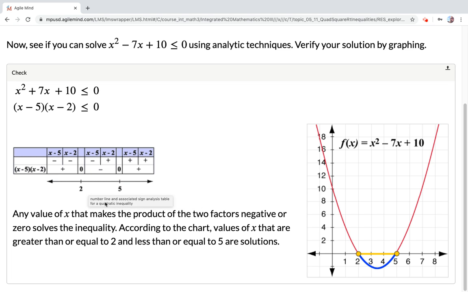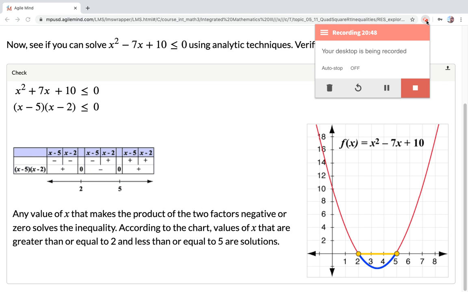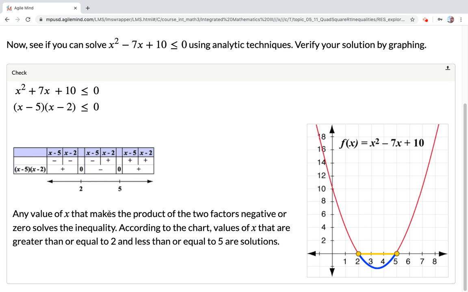Are my drawing tools up there? No. Figures. So that means that I've got 2 is less than or equal to x is less than or equal to 5.